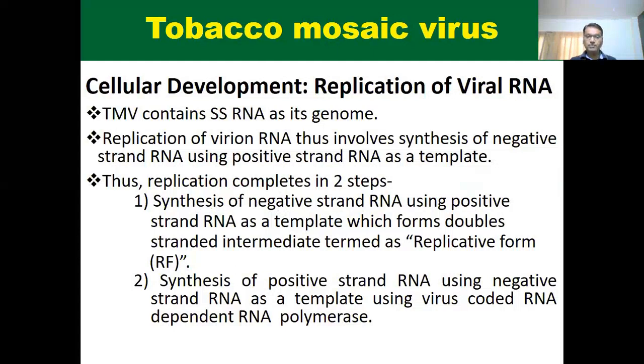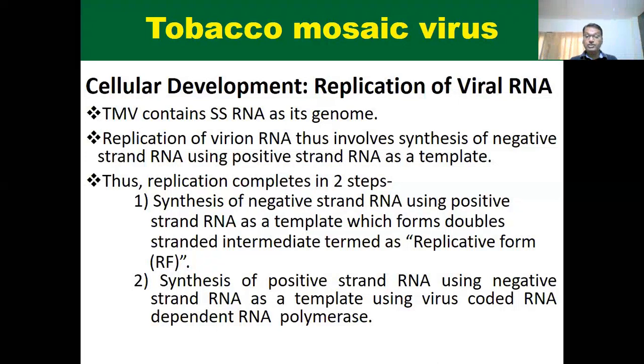Okay, synthesis of negative strand RNA using a positive strand as a template which forms double stranded intermediate termed as replicative form. ओके, आता बघा एक रिप्लिकेटिव्ह फॉर्म त्या ठिकाणी म्हणतो. आता याच्या पुढच्या स्लाइड मध्ये तुम्हाला अजून डिटेल कळून जाईल. सो आय विल रिपीट दिस. सिंथेसिस ऑफ निगेटिव्ह स्ट्रँड आरएनए म्हणजे नवीन बनणारा आरएनए तो निगेटिव्ह आहे. व्हॉट? युजिंग पॉझिटिव्ह स्ट्रँड आरएनए ॲज अ टेम्पलेट which forms double stranded intermediate termed as replicative form. RF रिप्लिकेटिव्ह फॉर्म आधी बनतो आणि रिप्लिकेटिव्ह फॉर्म नंतर त्याचे मल्टिप्लिकेशन होतात. ते पुढच्या स्लाइड मध्ये तुम्हाला कळून जाईल.